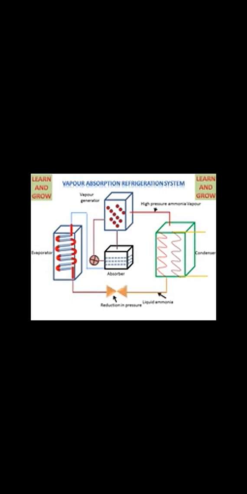The evaporator will extract heat from this liquid ammonia plus vapor and convert this liquid ammonia completely into vapor form, and this vapor then goes to the absorber again. So these low pressure vapors will go to the absorber, and this cycle will repeat again and again. So this is the working of the vapor absorption refrigeration system.